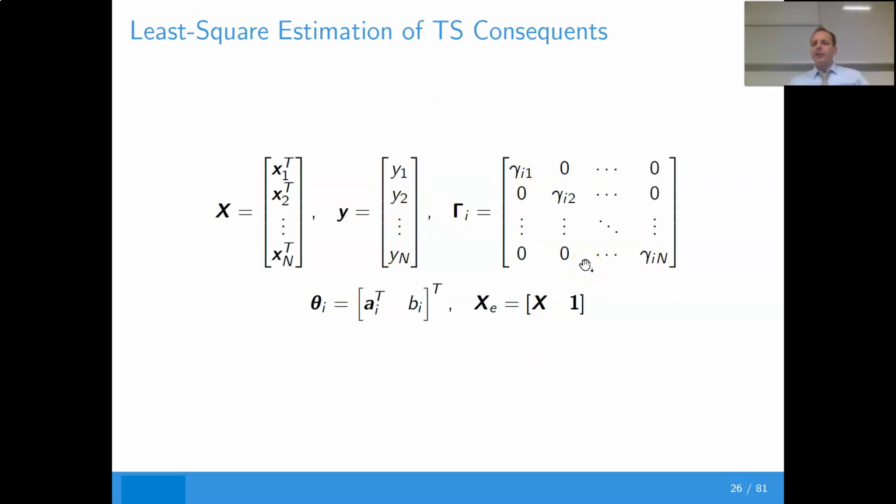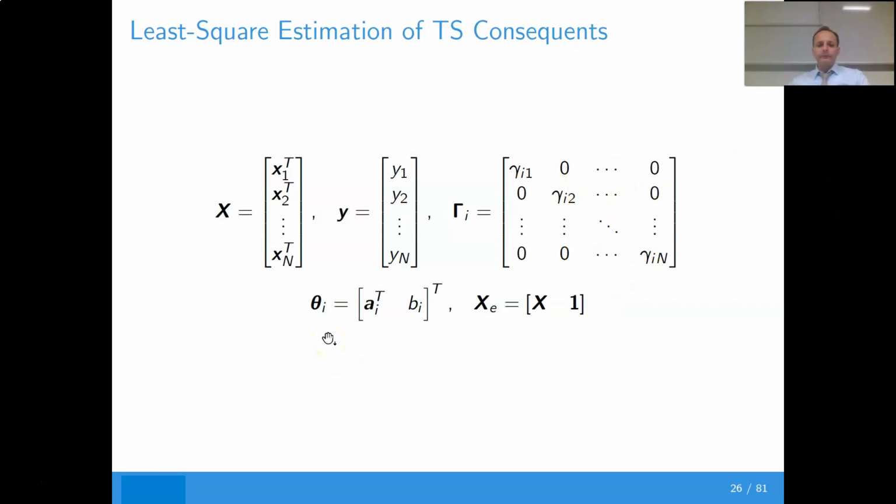So gamma is a diagonal matrix which refers to the single rule or the single relation, and is described in this form.